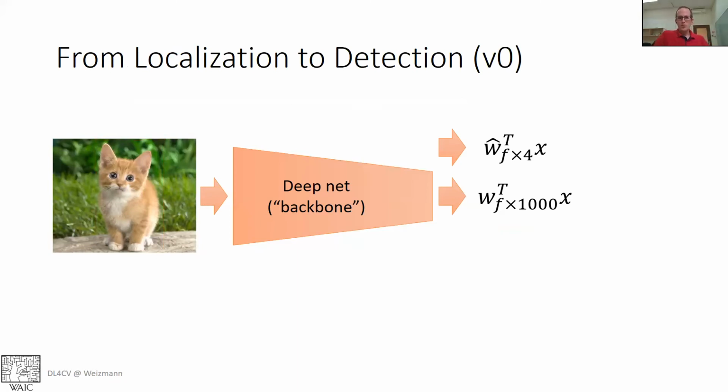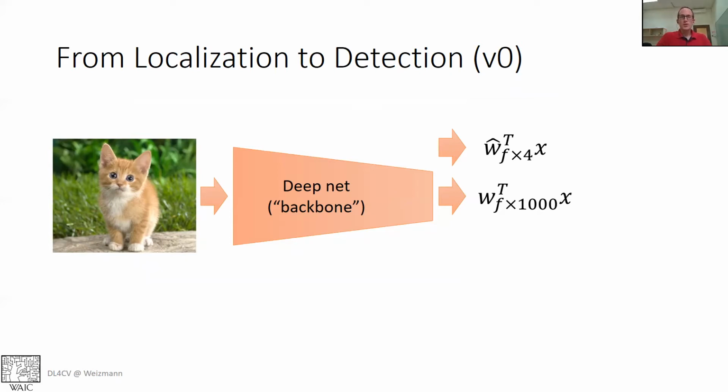Okay, so we solved the first challenge. We know how to train a network to have multiple types of outputs, both classification and regression. But how are we going to handle the fact that we need to output many objects from a single image, and we don't really know how many there are?